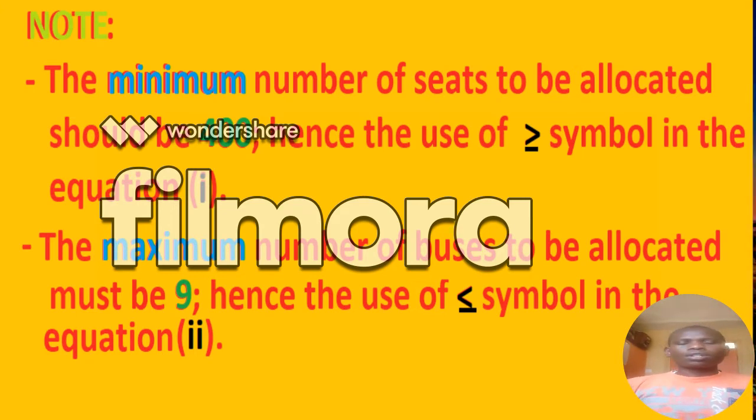On the same note, the maximum number of buses to be allocated must be 9, and that's the reason behind using the less than or equal to symbol in inequality 2. And now let's proceed to step 4.